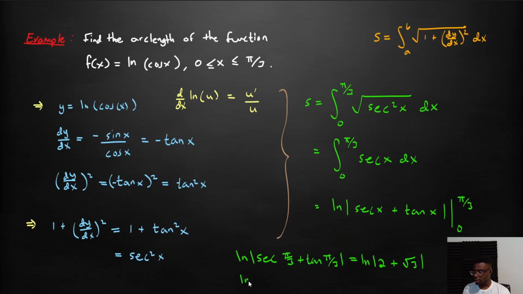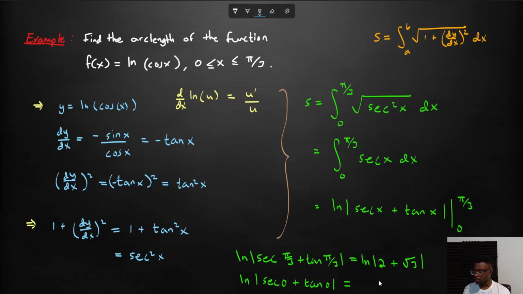And the natural log, we're going to evaluate the natural log function at 0 and then see what that comes out to be. Once we have both of these two values, all we need to do is subtract the natural log at 0 from the natural log at pi over 3. So at 0, we're going to have secant of 0 plus tangent of 0.